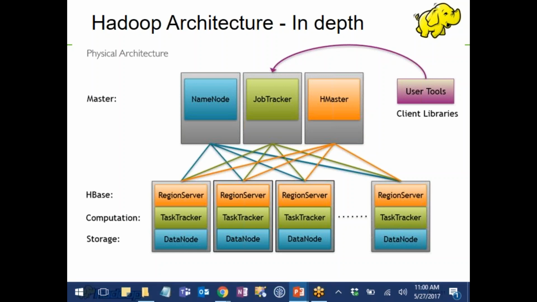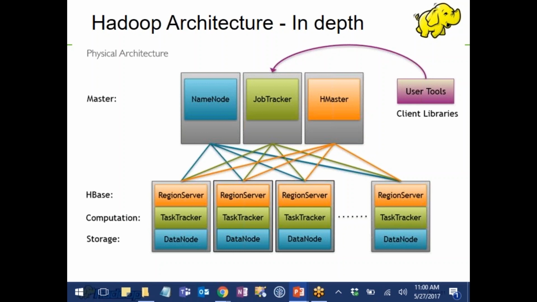Then we have the data node. That's called the slave node. Okay, slave machine. Each slave machine will have one data node, and multiple data nodes also can be there. A slave machine is one PC, so you have one computer. Similarly, in the server concept, you have 16 computers called one rack.